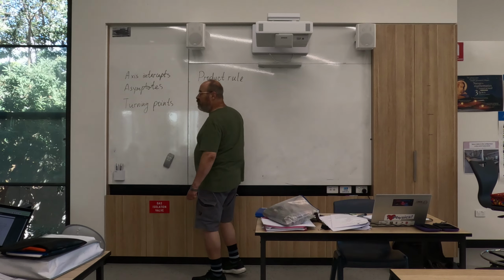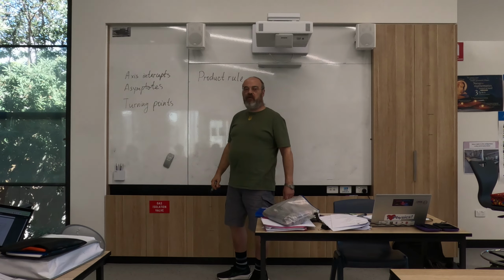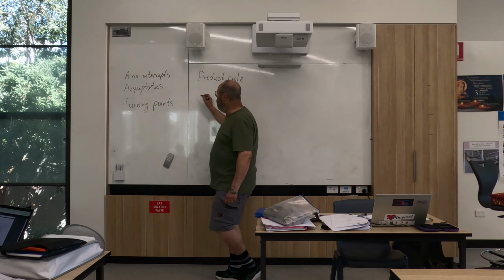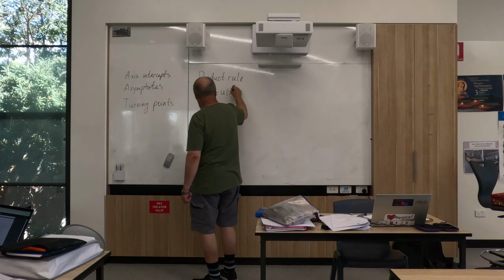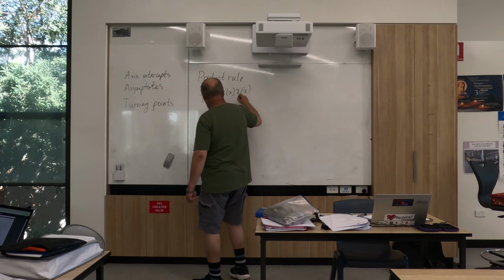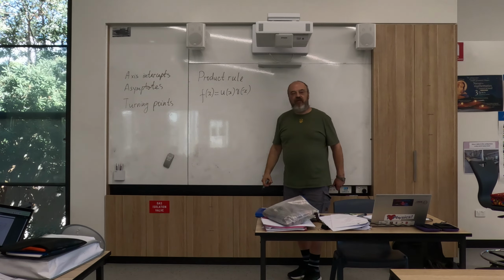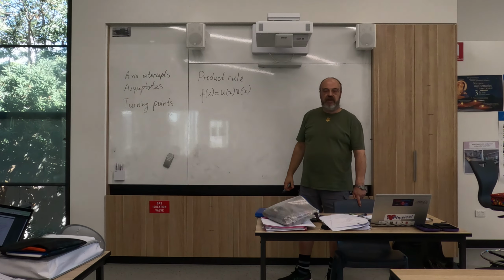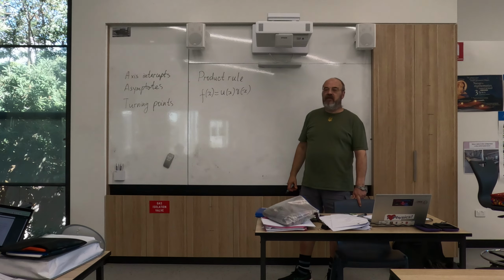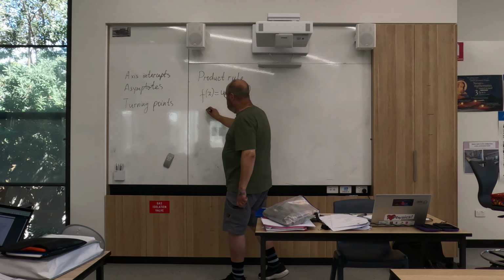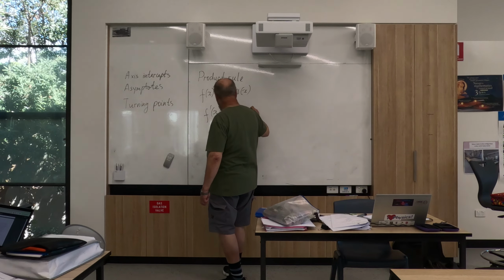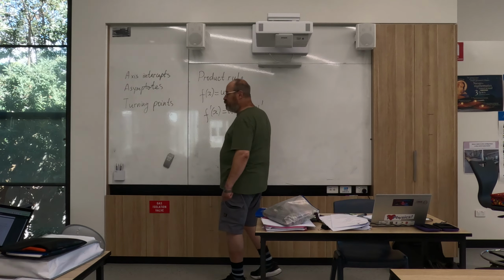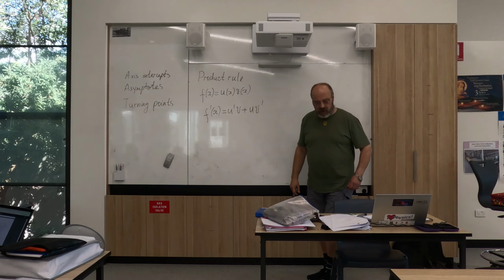If we have a function as a product of two functions, f of x equals u of x times v of x, then to differentiate it, f dash of x equals u dash v plus u v dash. This is called the product rule.